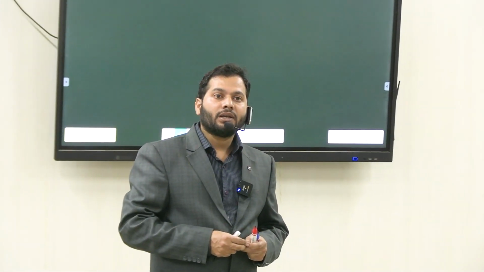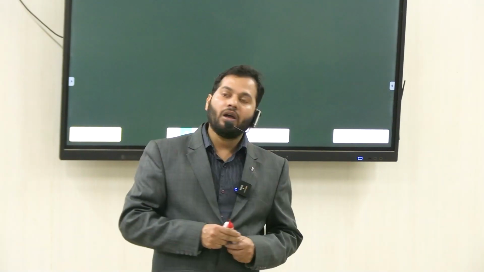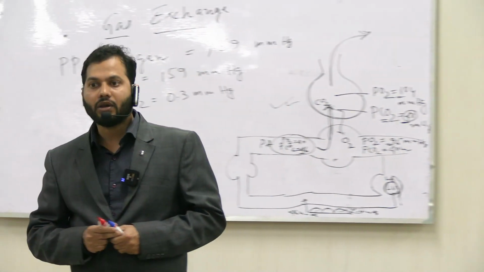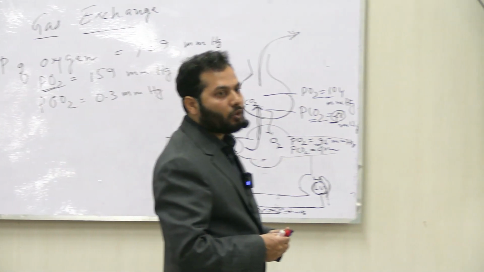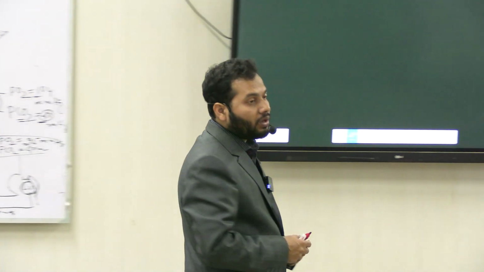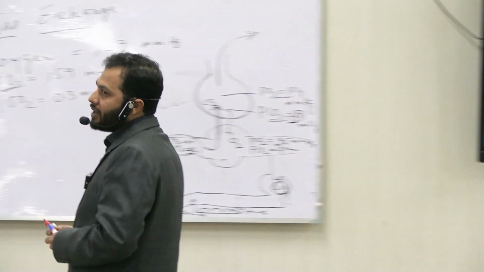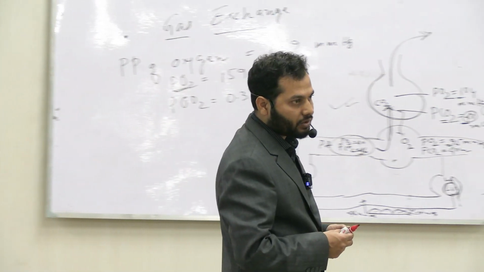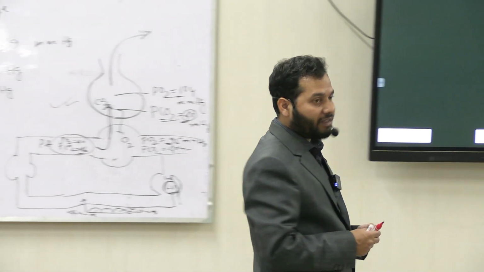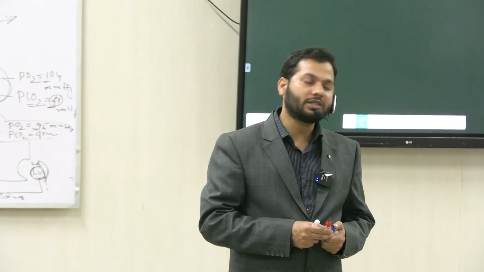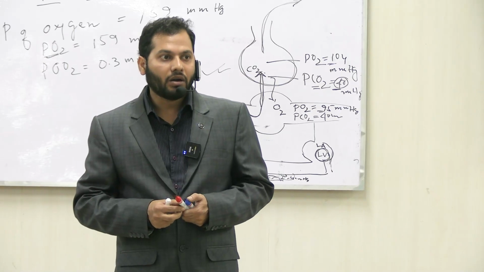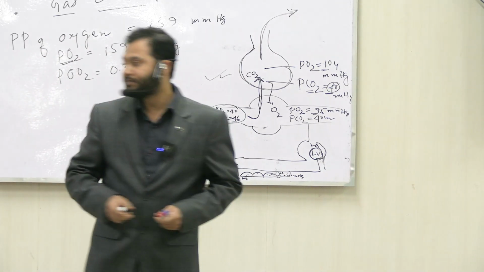It means there is a relationship between the partial pressure of oxygen and the percent saturation of hemoglobin, which is explained by the oxygen hemoglobin dissociation curve. You will find there are various factors that affect the oxygen hemoglobin dissociation curve. So before knowing about the different factors, we must know the normal pattern of the oxygen hemoglobin dissociation curve.